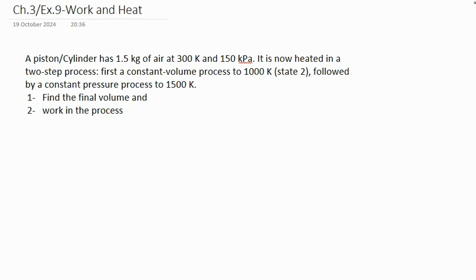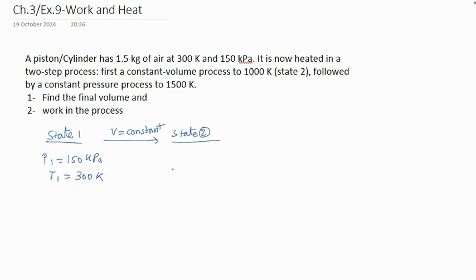So we have state number 1, where we have 150 kilopascal, and we have T1 of 300 Kelvin. This has reached state 2 under a constant volume, and the temperature at state 2 is 1000 Kelvin.